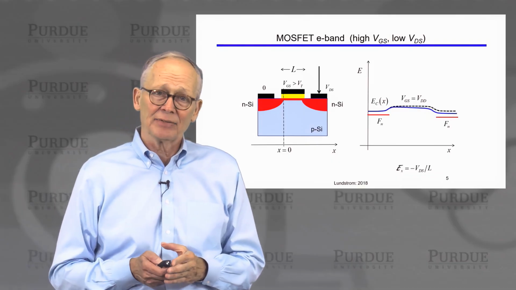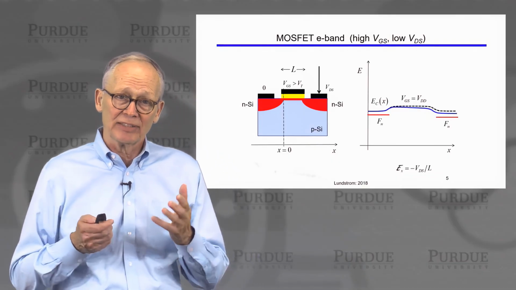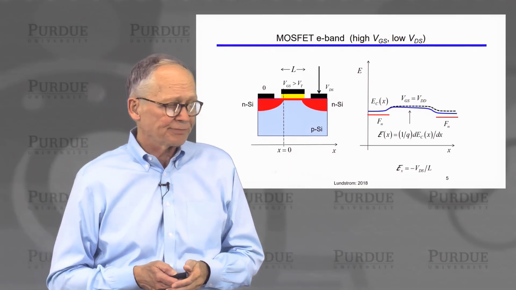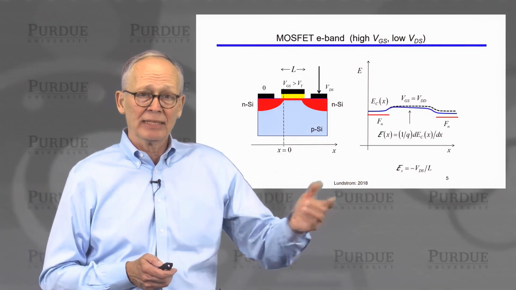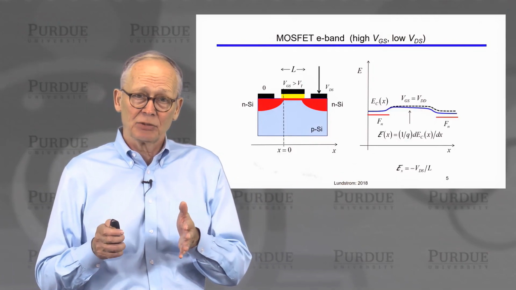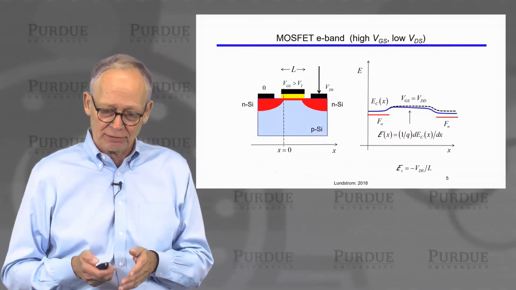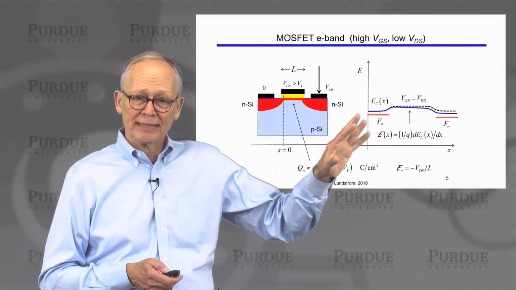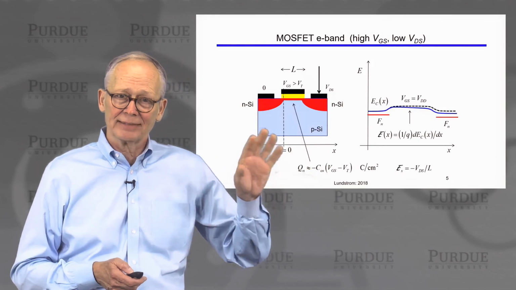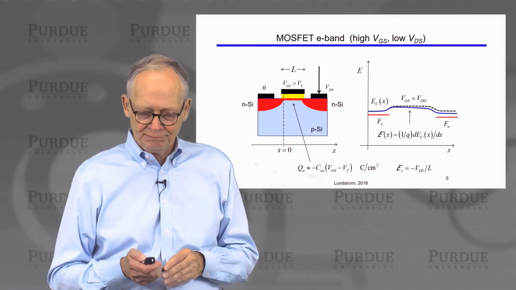That means we have a negative electric field in the channel because we have a negative slope. And that negative electric field is simply the voltage between the drain and the source divided by the length of the channel. We also know the charge by that simple relation, capacitance times Vg minus Vt.